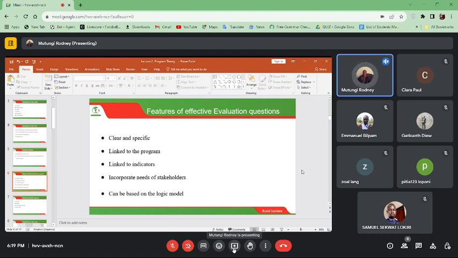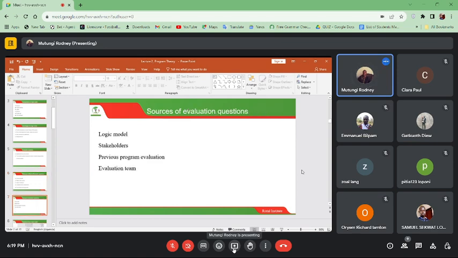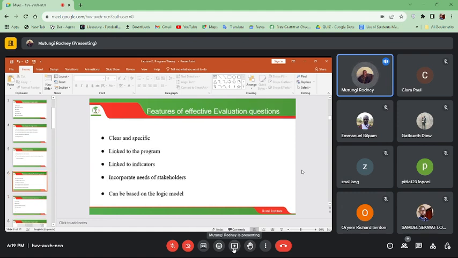It should be linked to the indicators that you are going to use to measure success or failure. Then it should incorporate the needs of the stakeholders. All the stakeholders should be catered for when you're setting these evaluation questions, and that is why you need to involve them. Then it should also be based on the logic model, and we are going to see how to do that, how to make sure that the questions you are going to ask ascertain whether your program really worked or did not.